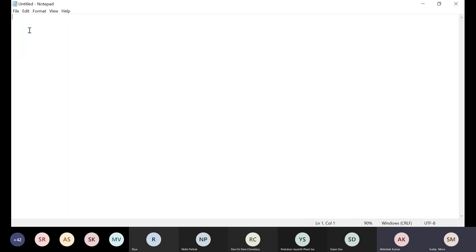Whatever it be, just visualize that one computer is connected to another computer. Now the question is, how do we enable this communication to take place? So let us try to understand.